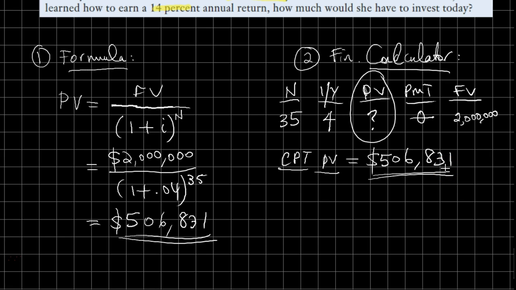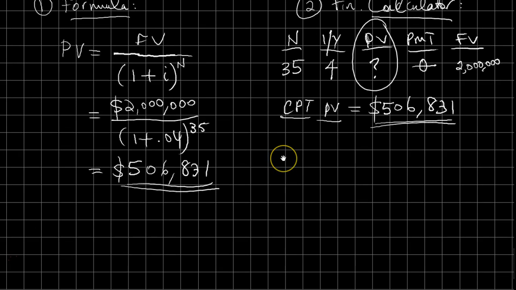Alternatively, for the second part of the question, let me do it right underneath: how much would we have to invest if we could earn 14% instead of 4%? That part is no different.